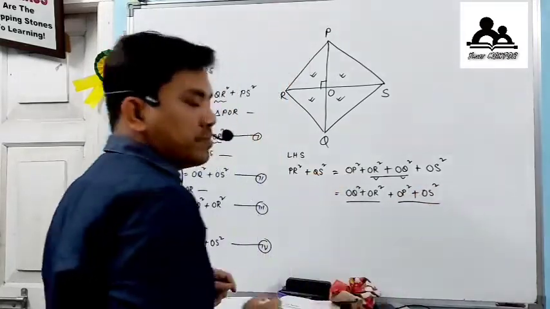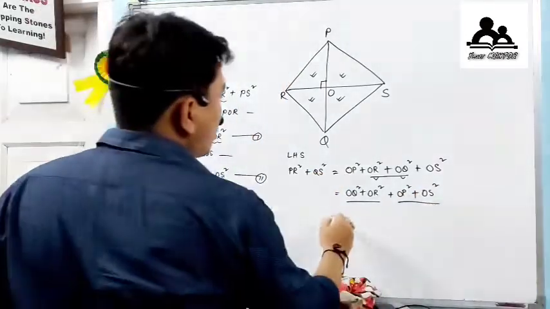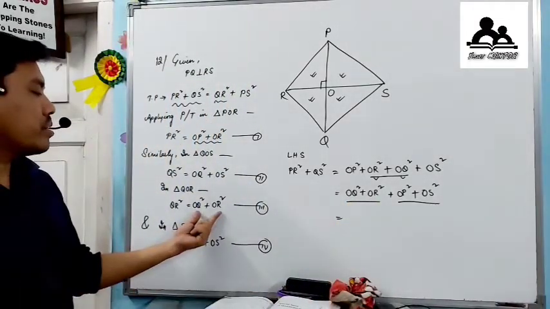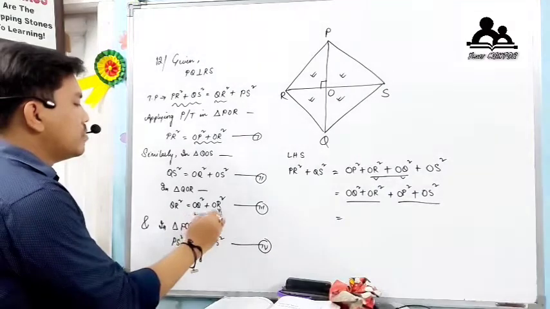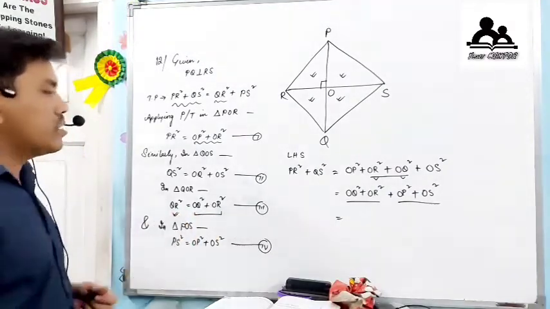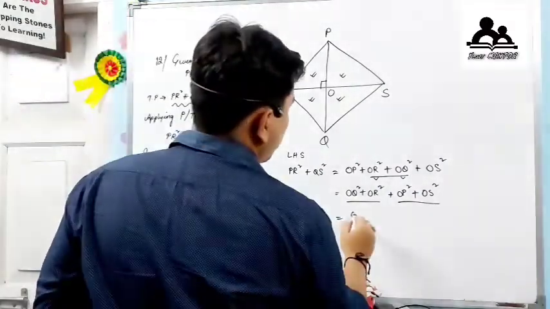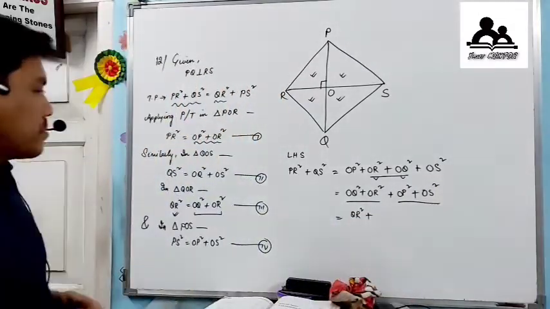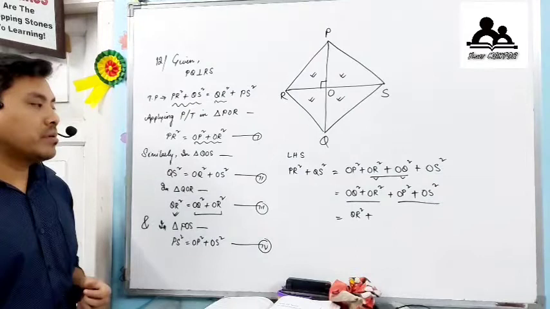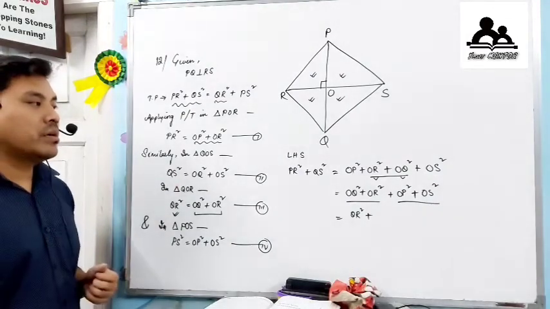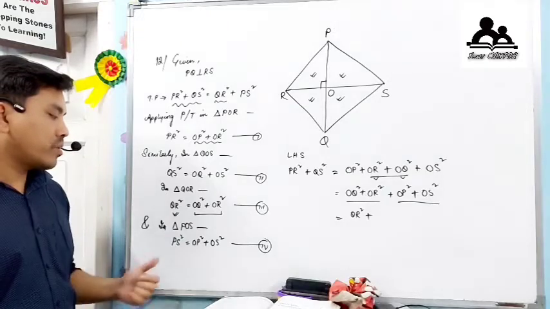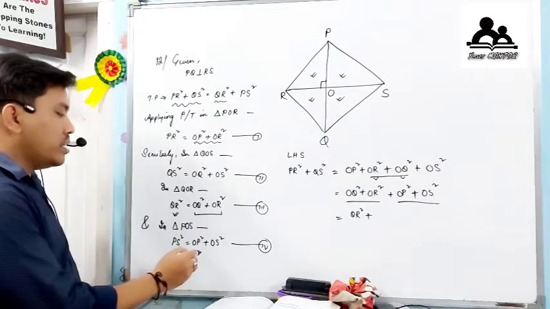Now in place of OQ square plus OR square, we can write QR square. And the next one, OP square plus OS square is equal to PS square. It is already given here.